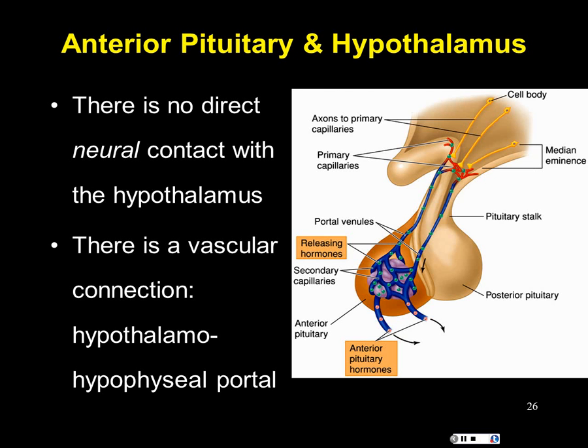Our neurohormones from the hypothalamus go into this blood circuit and target cells at the anterior pituitary. Because of that relationship, the hormones from the hypothalamus are technically called trophic neurohormones. They're going to control the activity of the anterior pituitary.